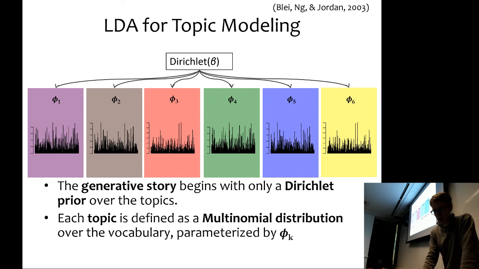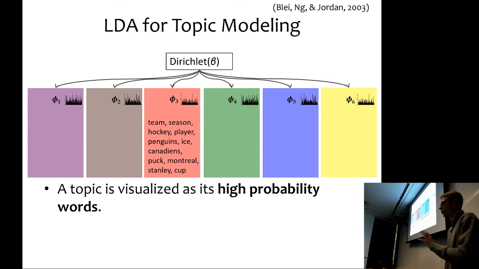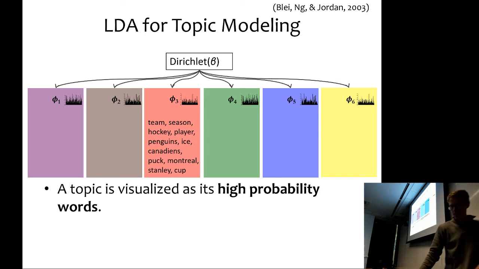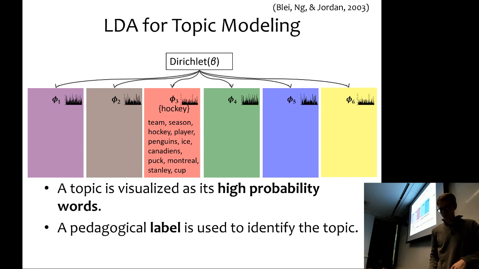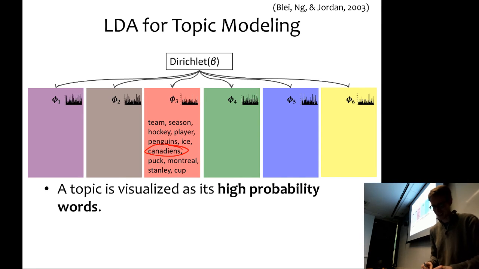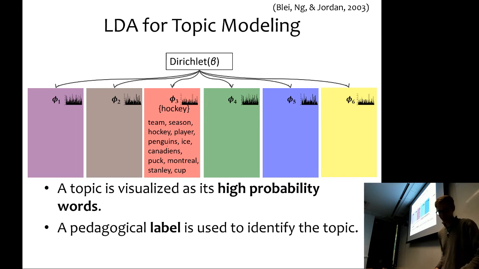Okay, so now we could also visualize the topic as a list of its high probability words, right? So phi 3 here, we've visualized its high probability words, and they're team, season, hockey, player, Penguins, ice, Canadian, puck, Montreal, Stanley Cup, and maybe the model picks up spellings or misspellings of words.